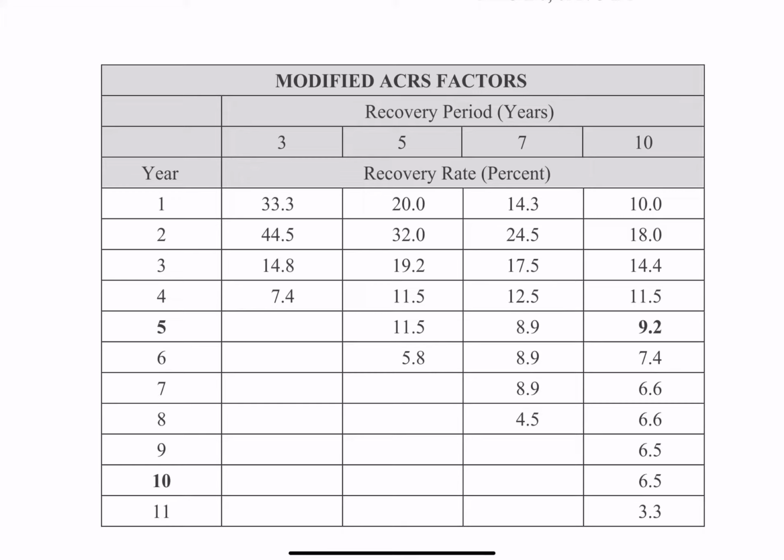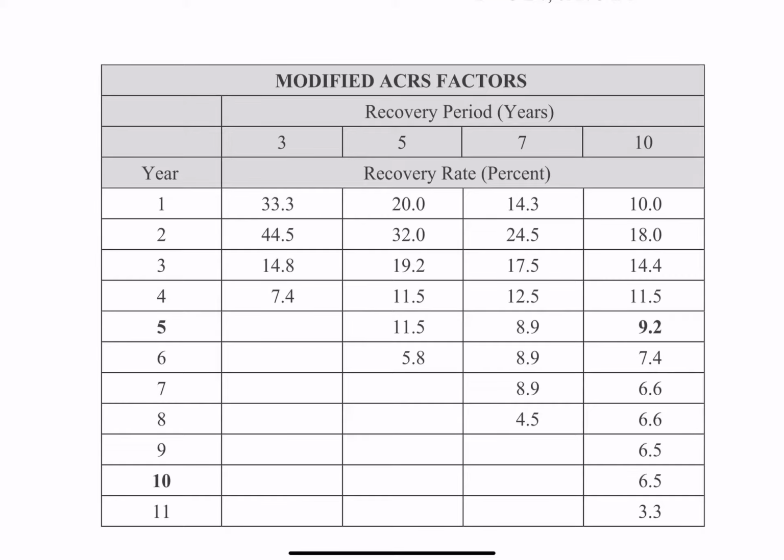The half-year convention assumes the assets are placed in service or disposed of in mid-year. So regardless of whether you buy that equipment in January or December, assume it is somewhere in mid-year, June or July. Similarly, if you dispose of that equipment in January or December, we consider that mid-year.